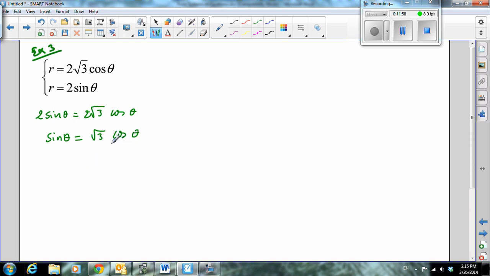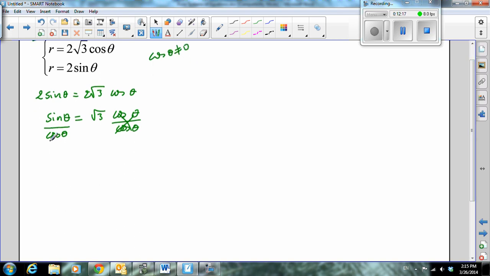Now I will divide both sides by cosine theta to get sine over cosine, and the cosine of theta will cancel. I'm assuming now that the cosine of theta is different than 0.